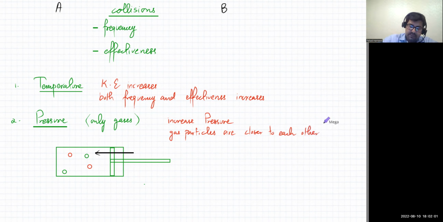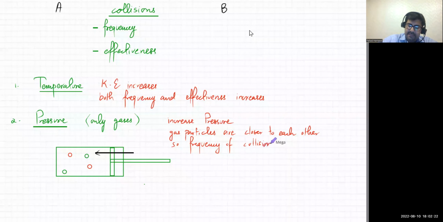So frequency of collisions increase. So the frequency of collisions, they increase.